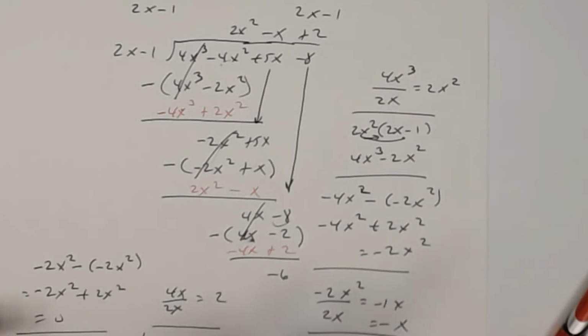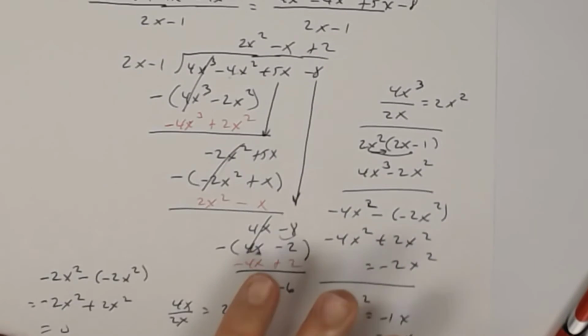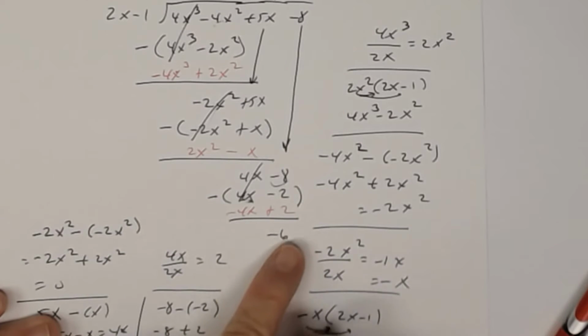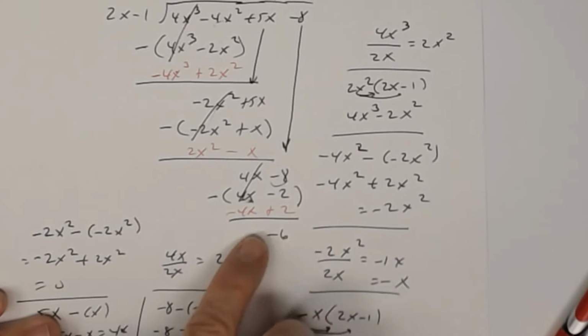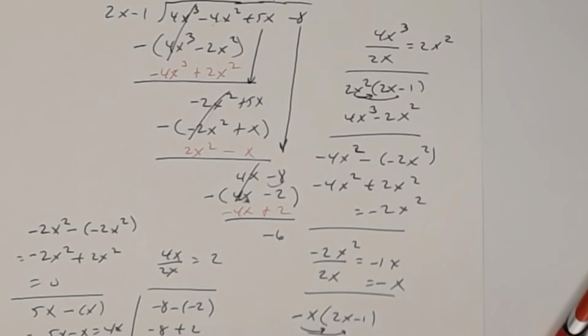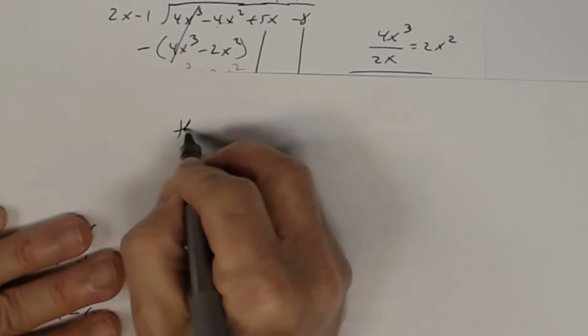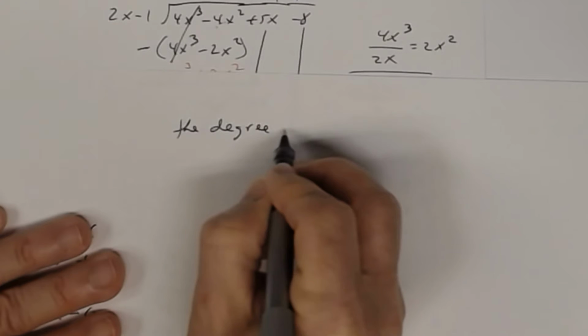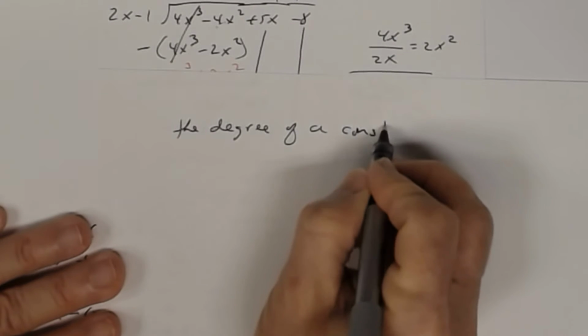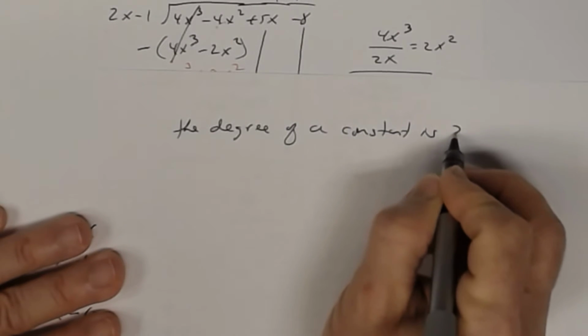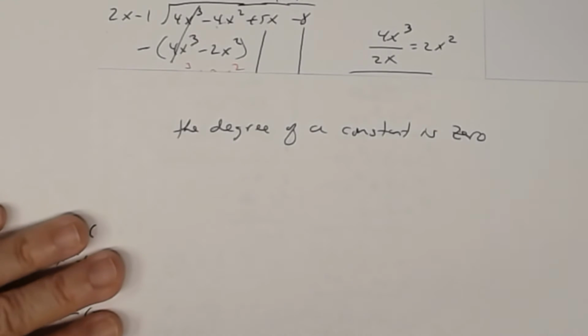Now, one thing I want to remind you is this: whenever you're doing this, this is going to be your remainder. Notice that the degree of a constant, and we talked about this in a previous lesson, the degree of a constant is 0.